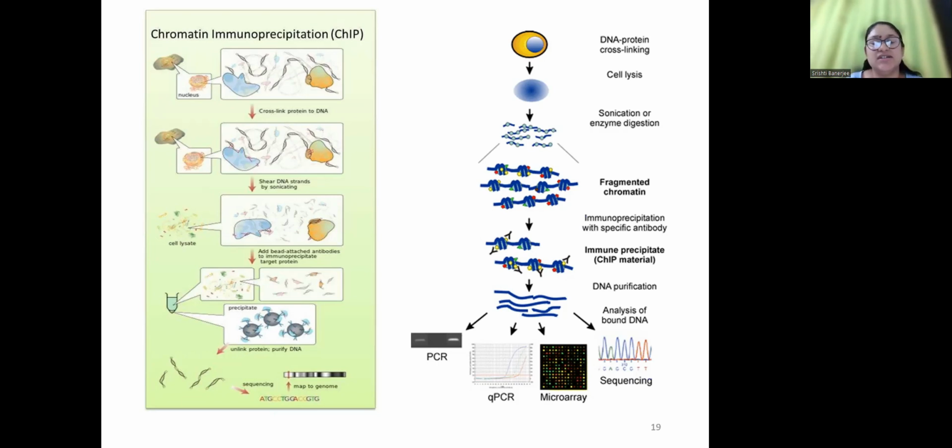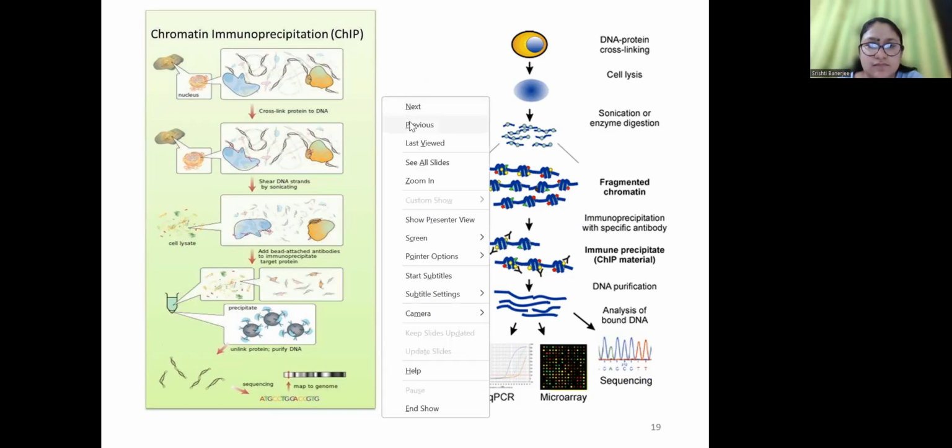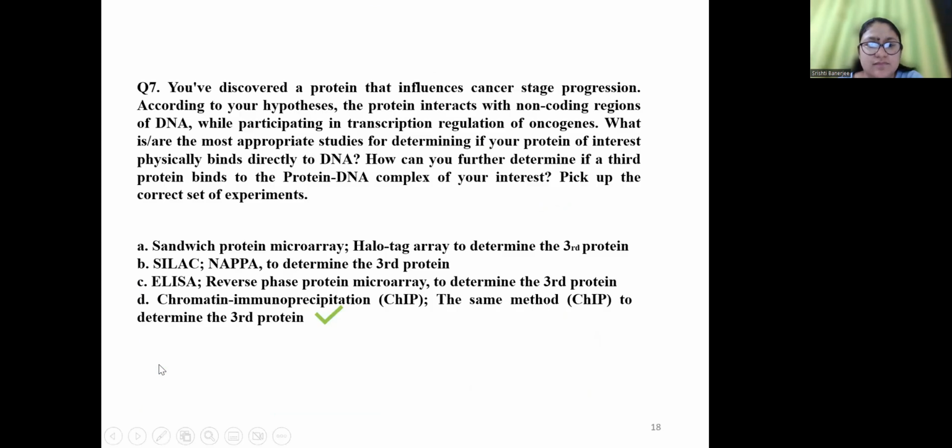So is the process of chromatin immunoprecipitation clear? Or do you want me to repeat it once again?